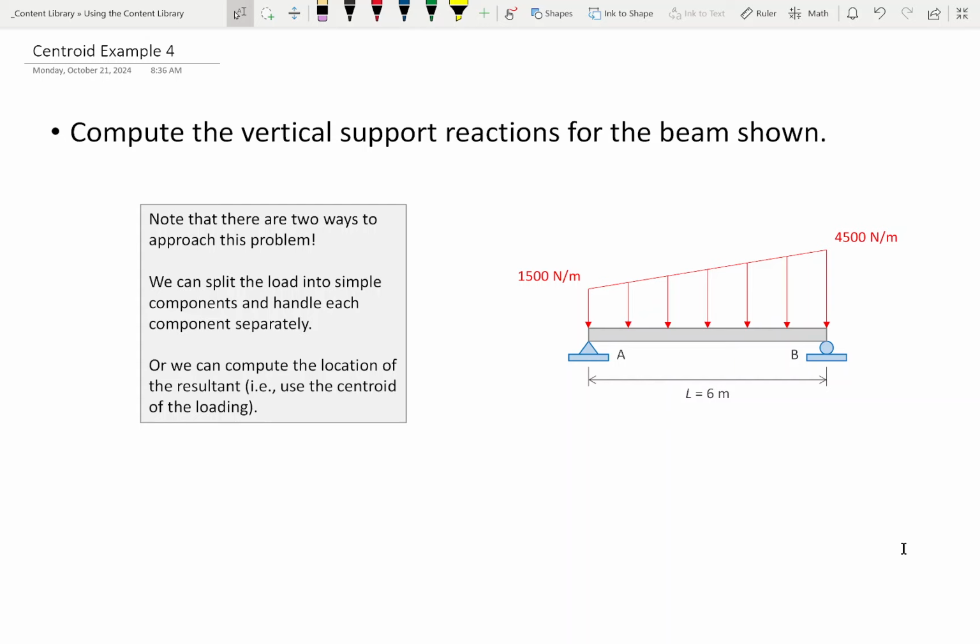It's going from 1,500 newtons per meter all the way to 4,500 newtons per meter. And what I want to do is determine the support reactions for this beam. Now I'm going to do this problem two different ways, and we're going to see that either way we do it, we're going to get the same answer. So I'm going to show you how we're going to do this. I'll call this option 1.